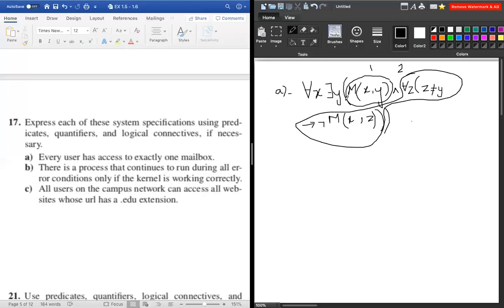Z is not Y, then negation of this X. This represents the level of specificity, exactly one.